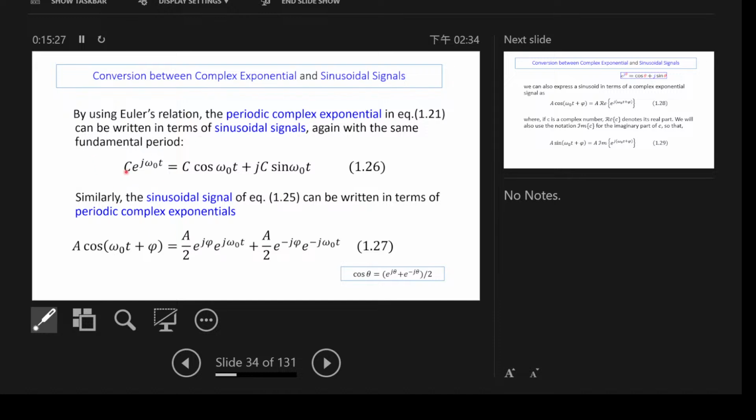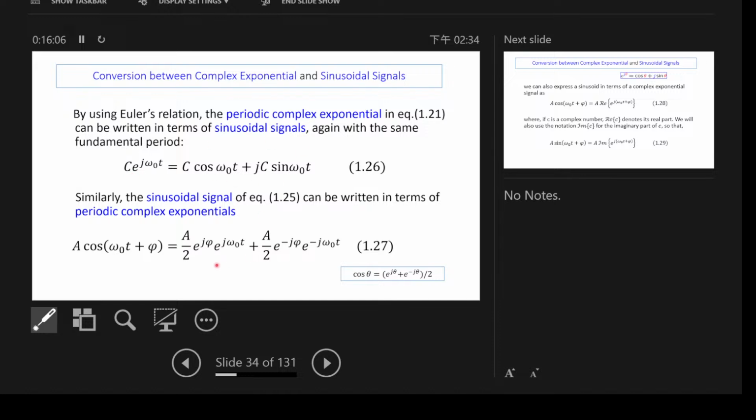Why do I say complex exponential and sinusoidal functions are really similar? Because you can always express a complex exponential as a combination of sinusoidal signals, or express a sinusoidal signal as complex exponentials. For example, you can use Euler's relationship to write a complex exponential as a summation of two sinusoidal functions, and you can use the reverse Euler to write a sinusoidal signal as a summation of two complex exponentials.